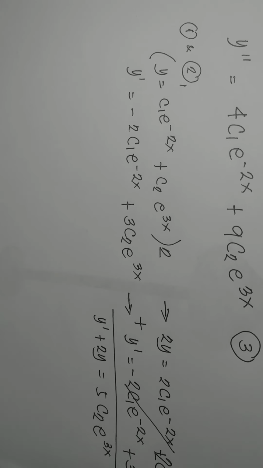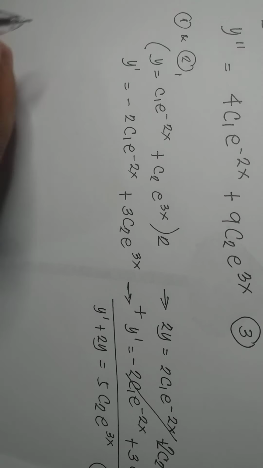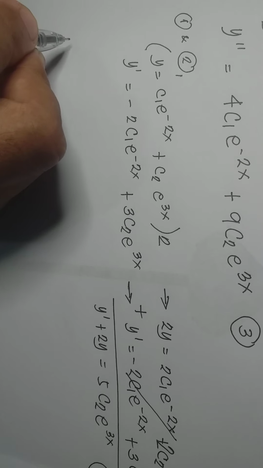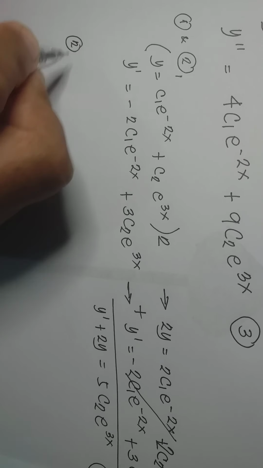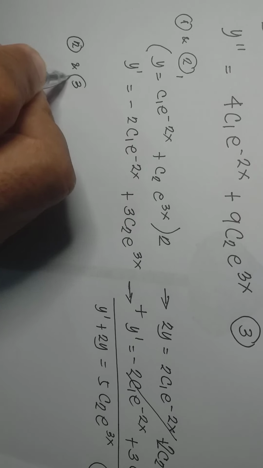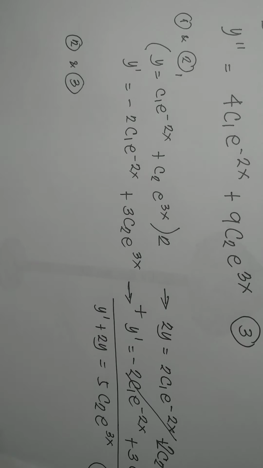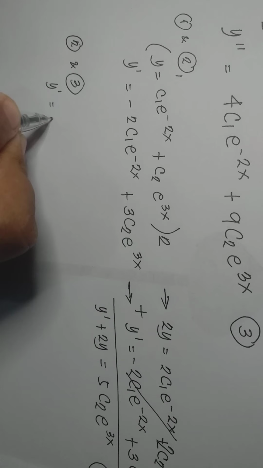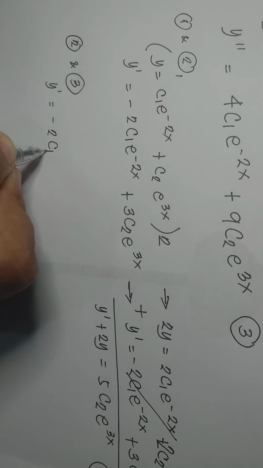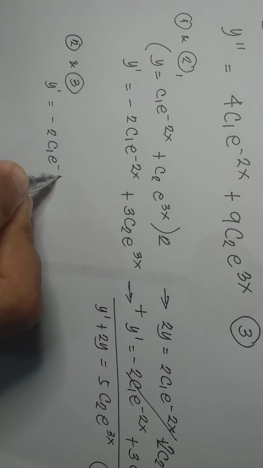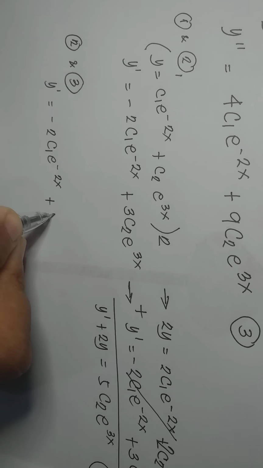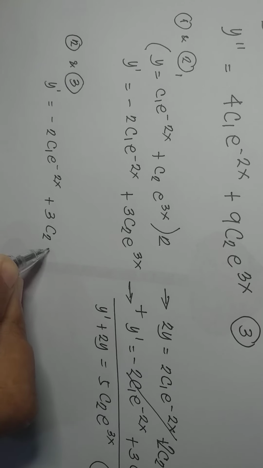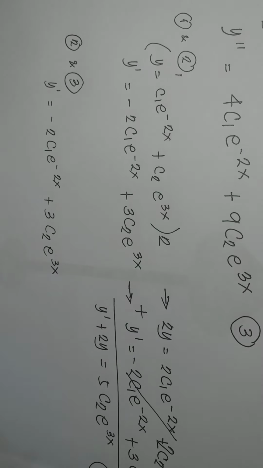Now let's combine, this time, equations 2 and 3. So equation 2, we have y prime equal to negative 2 c sub 1 e to the negative 2x plus 3 c sub 2 e to the 3x.